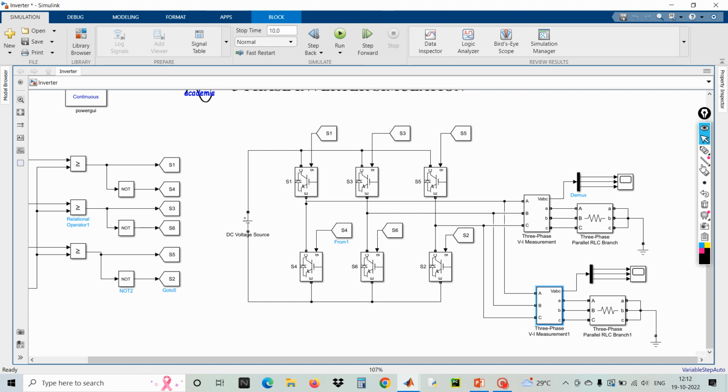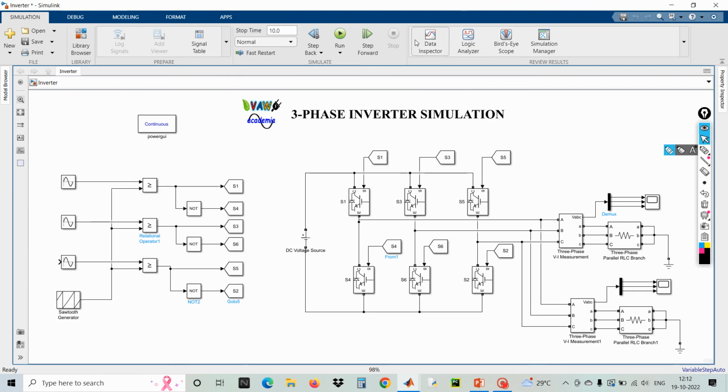The first scope will give you the phase voltage, whereas this scope will give you the line voltage of the three-phase inverter. Let us see how it is working. Now if you run the system, my stop time is 10.